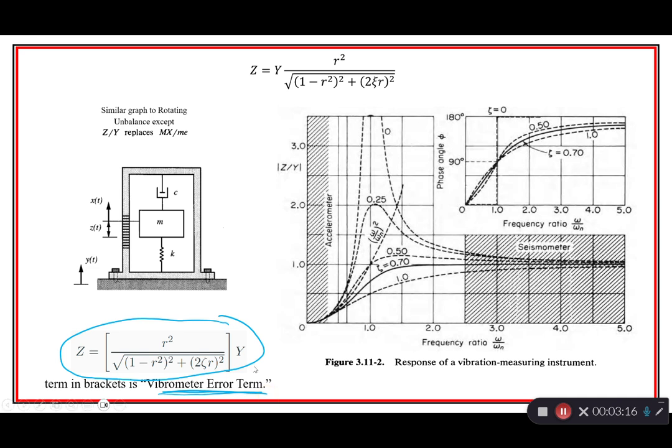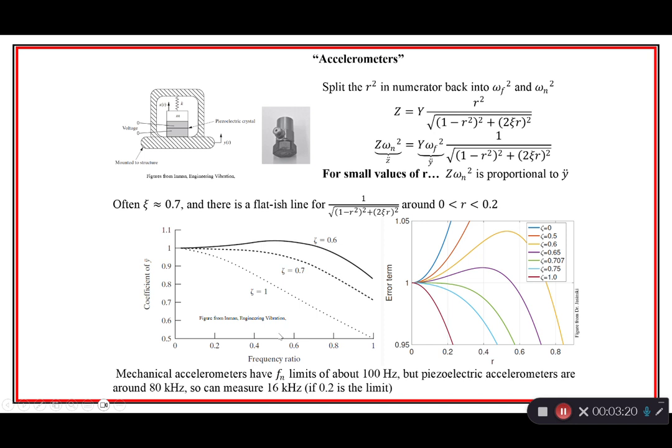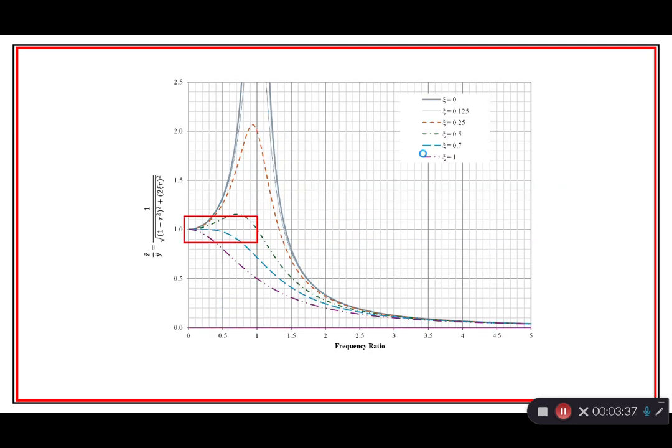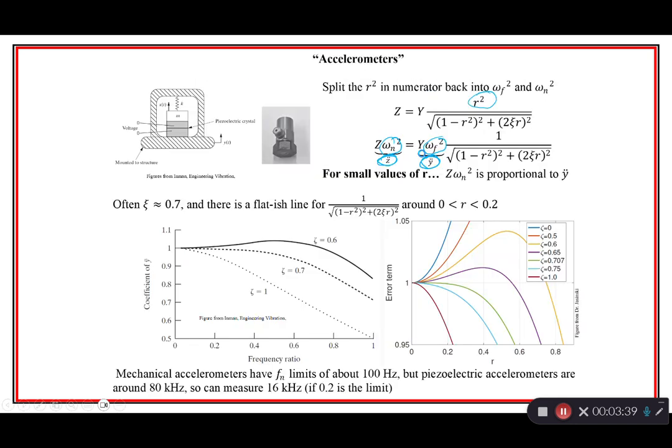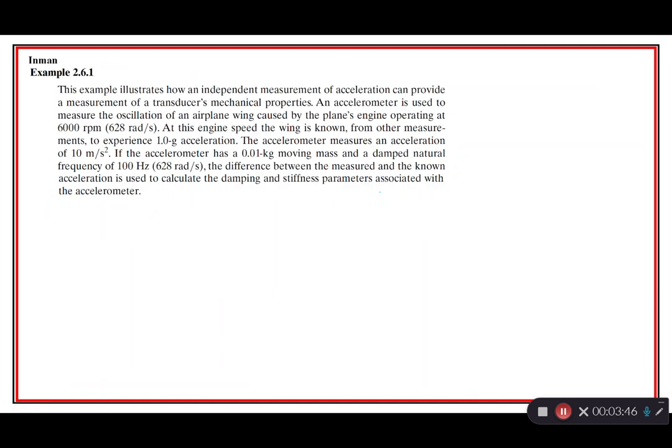We'll do that one first and see how different the value would be when we separate that r squared into parts that we distribute here. So this is the accelerometer's acceleration, and here is the acceleration of what we're measuring, and that would be considered the accelerometer error term as opposed to the overall vibrometer one.